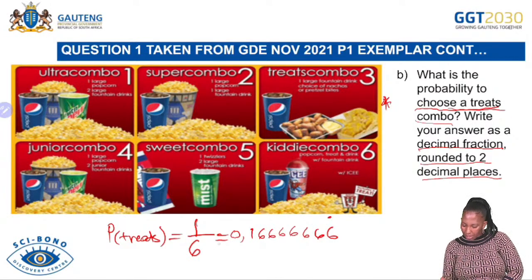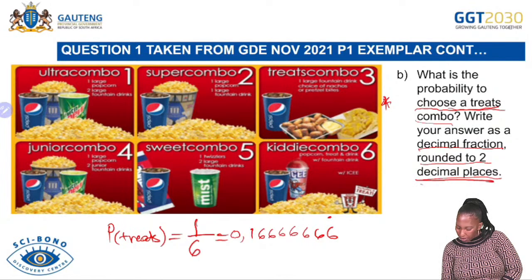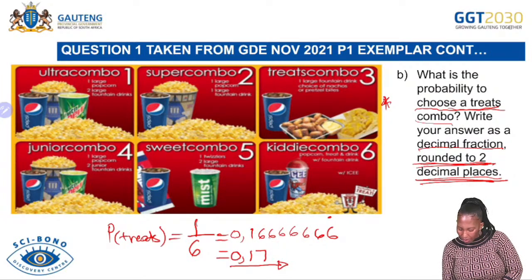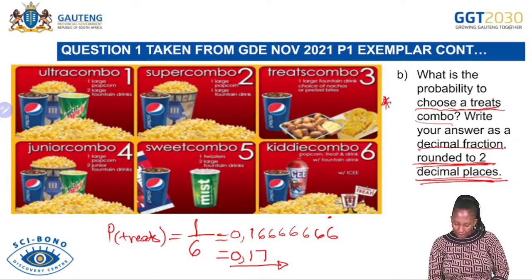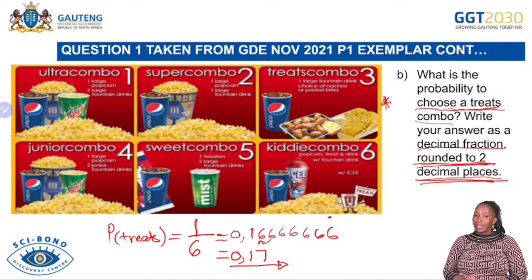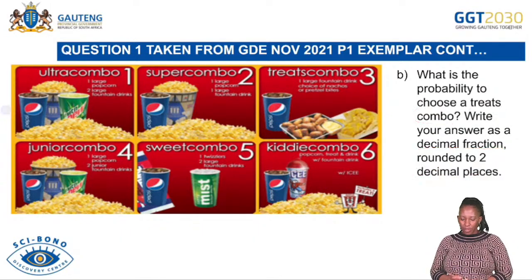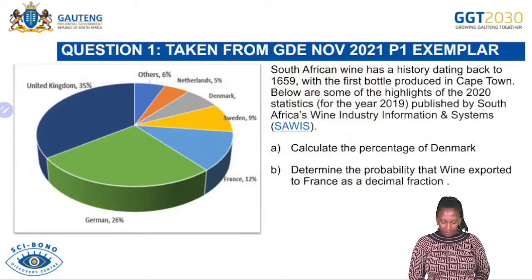And then because they said round off your answer to 2 decimal places, our answer will be 0.17. Because remember, the 6 will affect this one. It becomes 0.17. You see, boys and girls, it's very simple to answer questions based on probability.